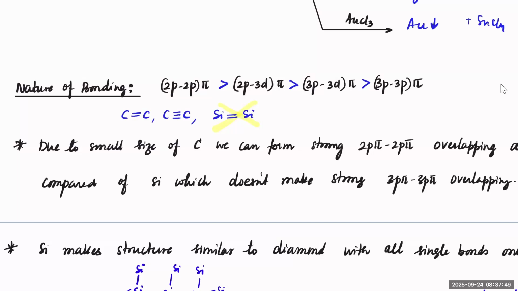Now, when it comes to carbon, it can make a double bond and triple bond because it is about 2p 2p overlapping. While silicon, if it has to make a double bond with another silicon, it has to overlap between 3p and 3p. And you could notice 3p 3p overlapping is very poor. That's why you will hardly notice anything where silicon has a double bond.